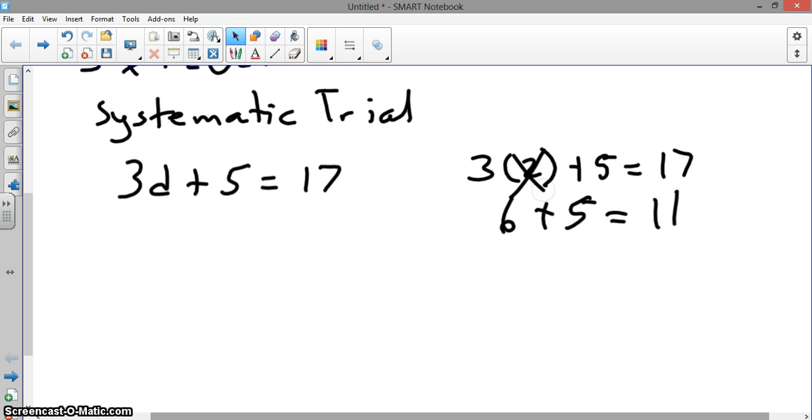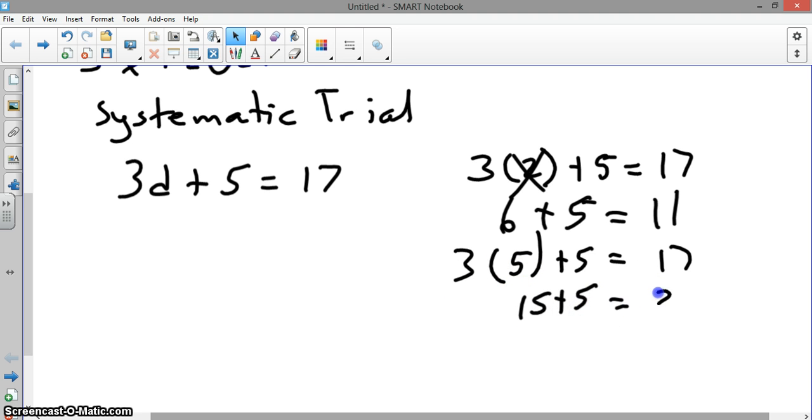Nope, 2 does not work. That 11 is too small, so maybe I need to choose a number higher than 2. Let's say I choose 5: 3 times 5 plus 5 equals 17? 3 times 5 is 15, plus 5 equals 20. Now I've gone too high, so I need to choose another number.